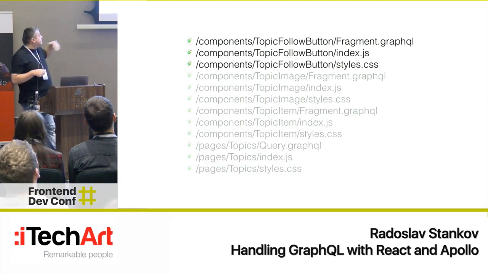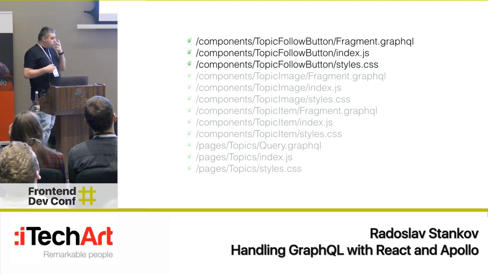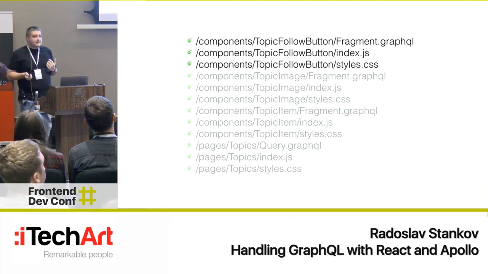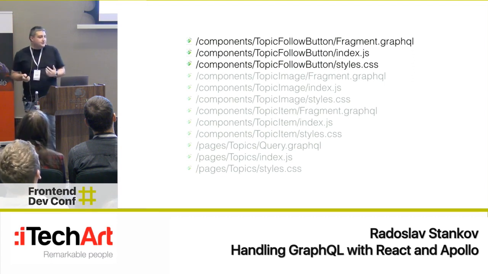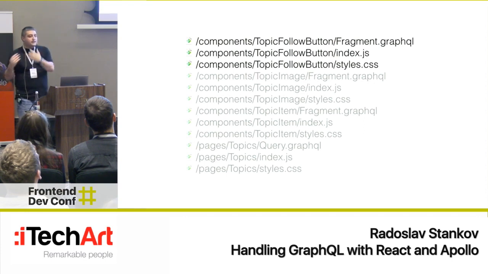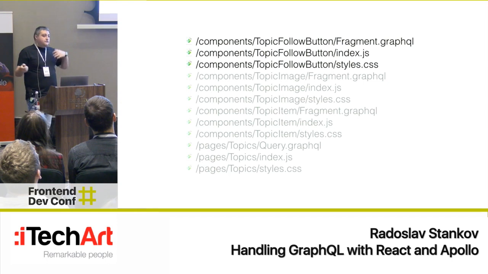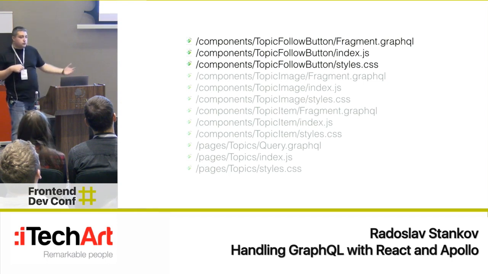So if we see the topic follow button, we use this React pattern. It's called folder pattern or something like that, where your React component is not a single file, but a directory. It looks like a package. And in this package, you have an index.js, which is like the component you care about. We move the styles inside of that directory as well. If you have any assets for that component, they also go there.